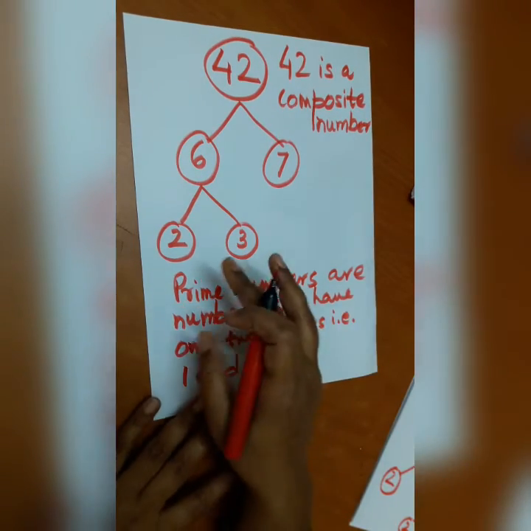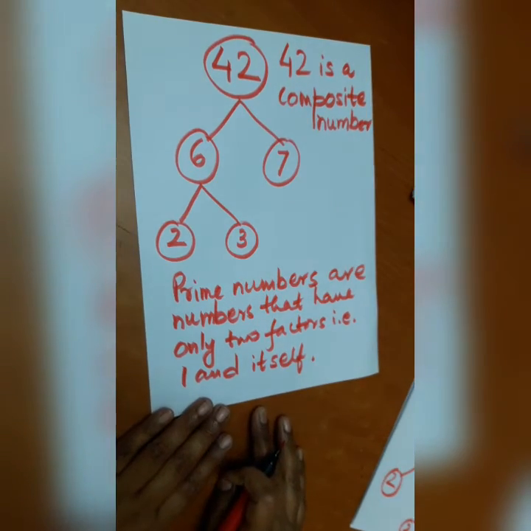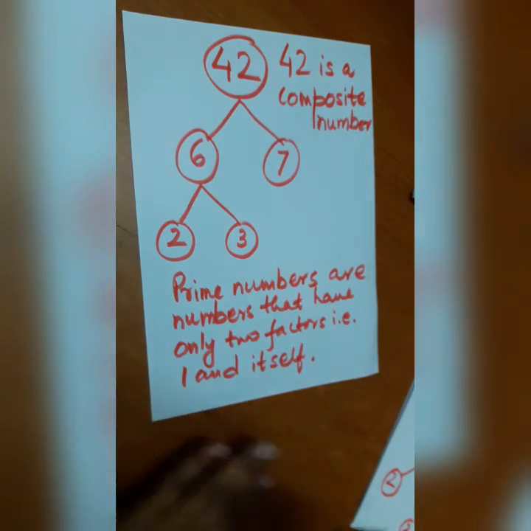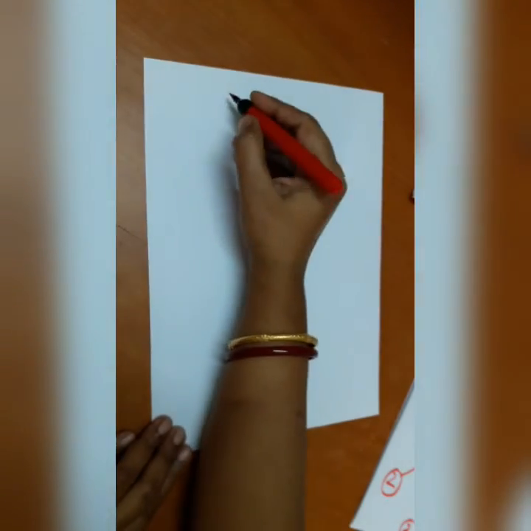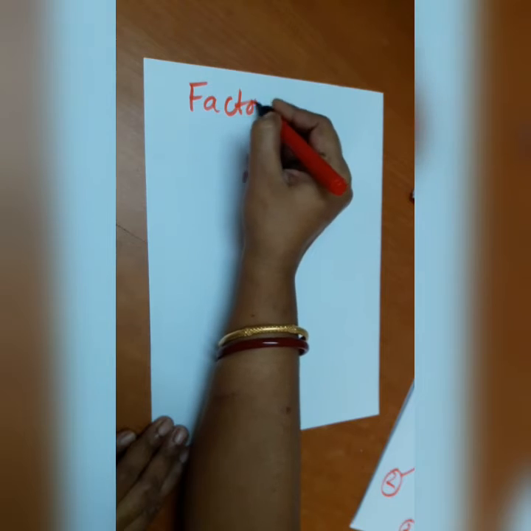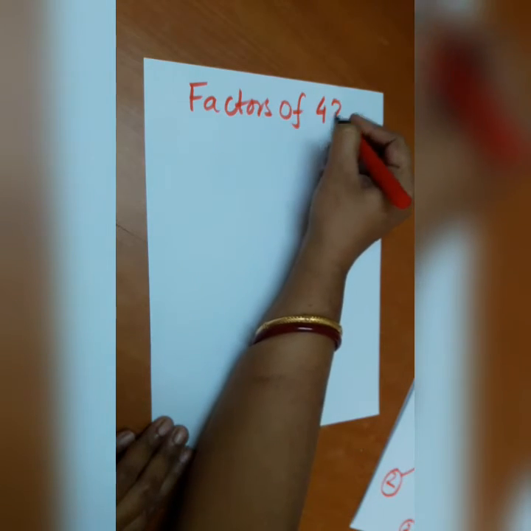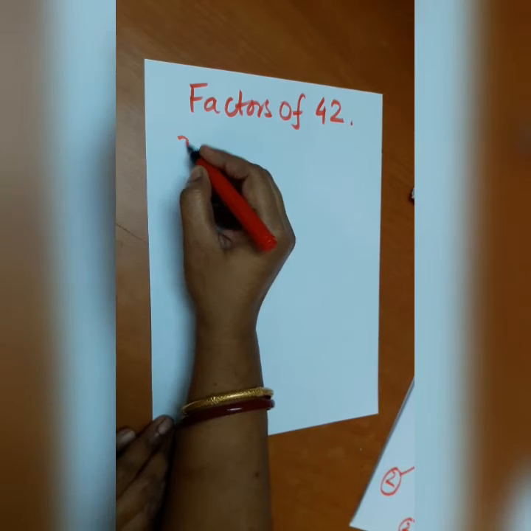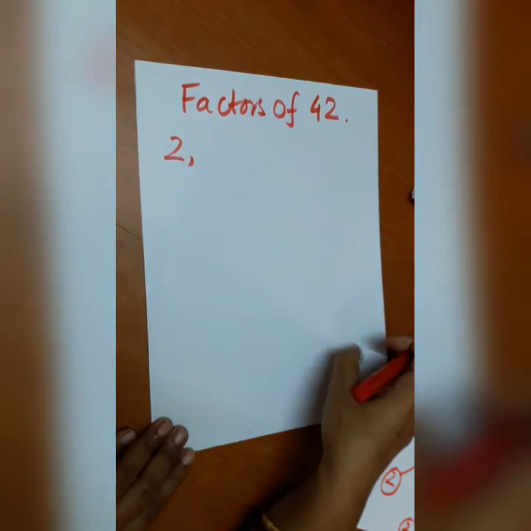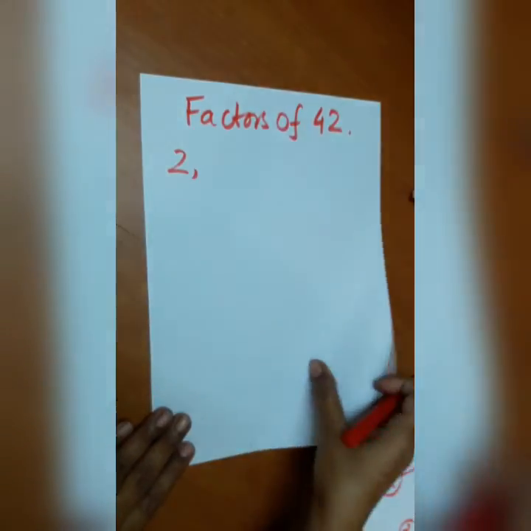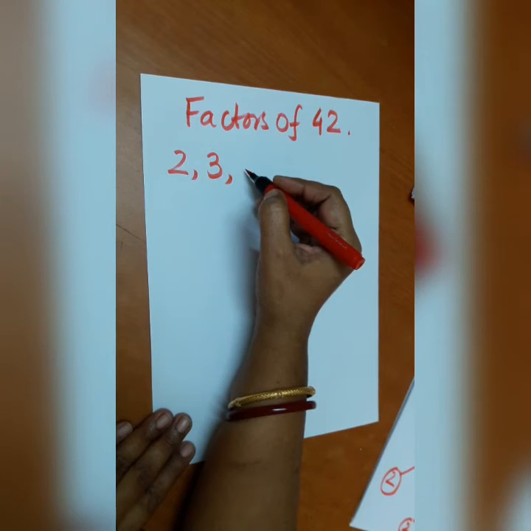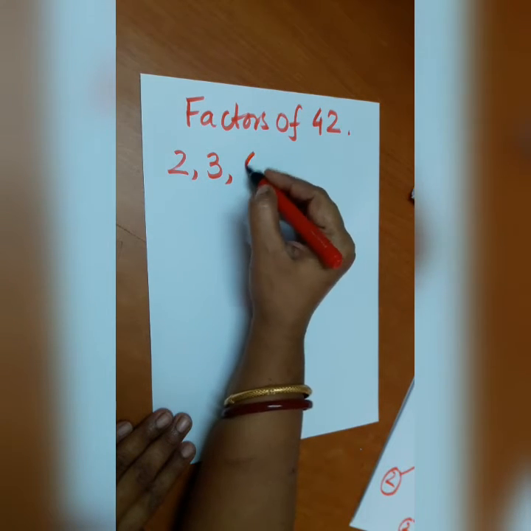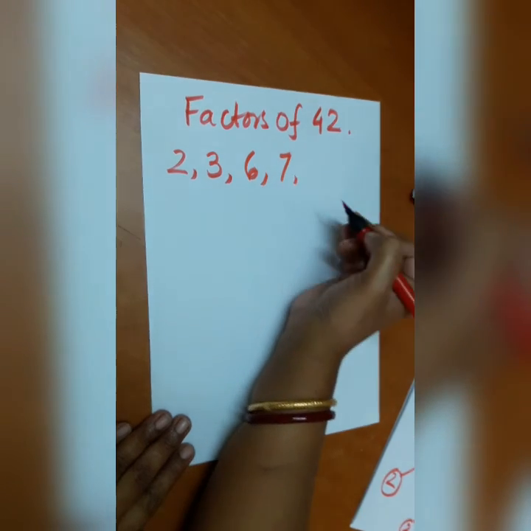Now when you have done this, when you are told what are the factors of 42, you will try to write: factors of 42 are, first of all, 2, then of course 3, not 4, not 5, then 6, then 7, like that.